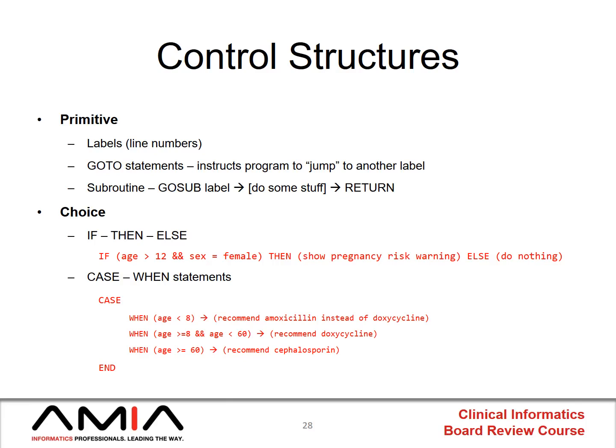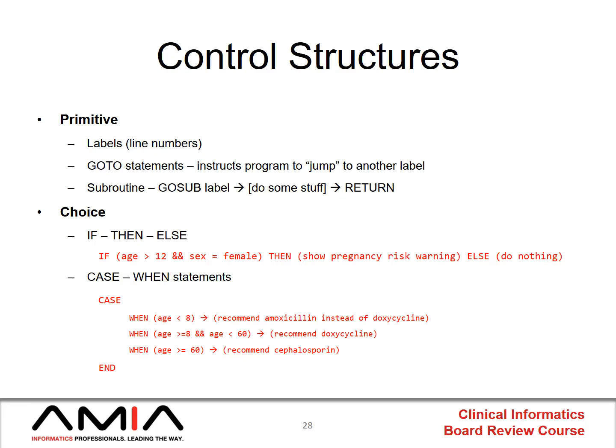But you can only do so much with labels and linear sequences and go-tos and go subs. The more powerful control structures are things like choice statements. This is where you tell the computer if certain variables match a certain condition, then you can do something. So, for example, some of the most common choice structures are if, then, else, and case, when.